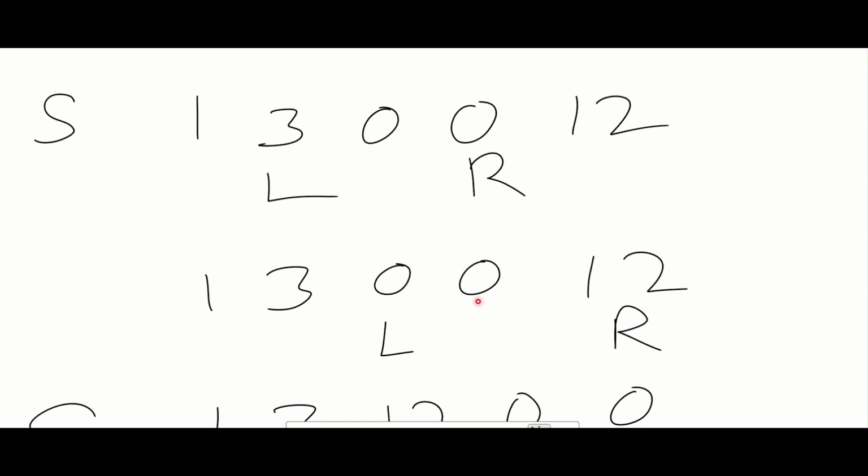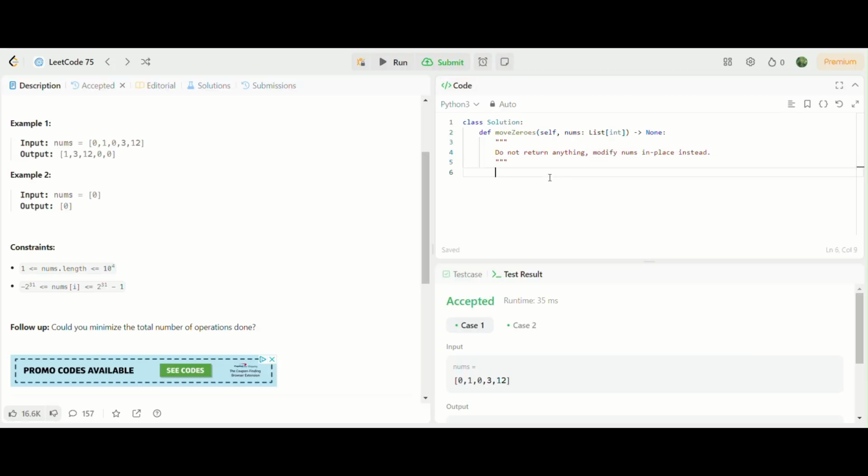Now let's go to the code section. So how do we code it? We have the left, which will start from 0. For right in range, right will run through the whole array one by one.